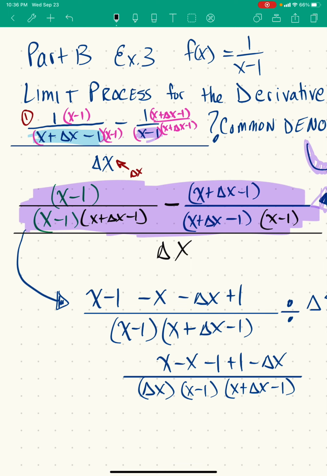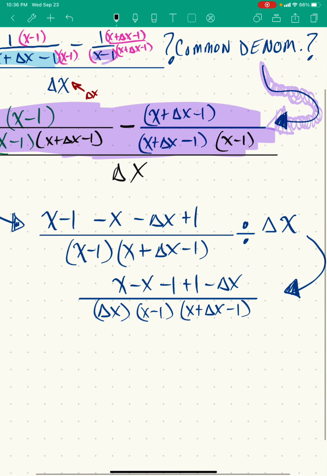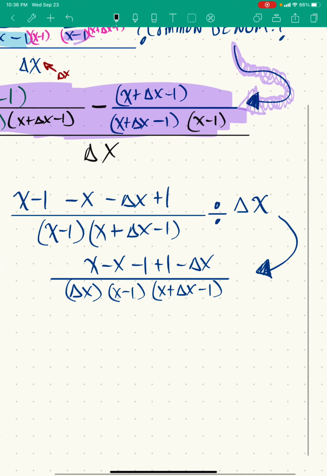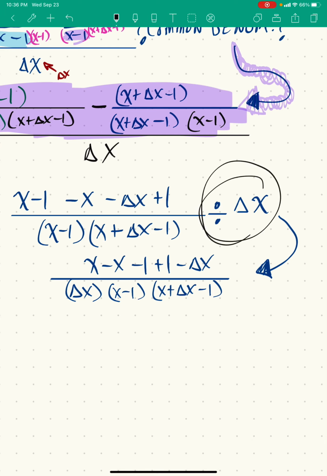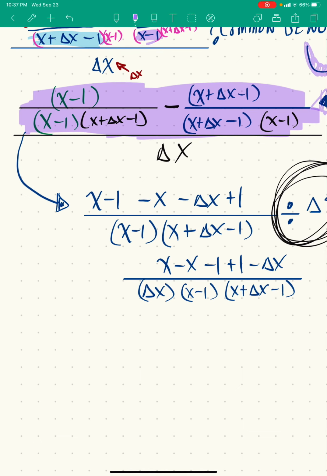All right, now, last step, let's fix up our algebra. You'll notice there's an x minus 1 minus x. All of this stuff is going to cancel out really nicely, and we have this delta x over here, divided by delta x, which really just means times 1 over delta x, which I have placed mathematically over here.